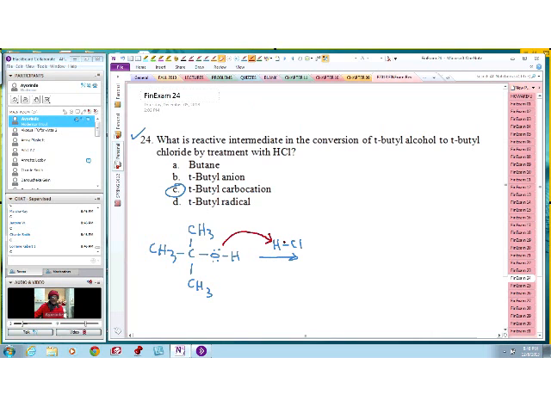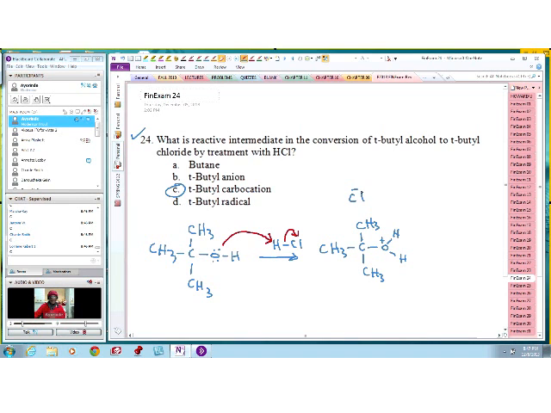Notice my arrow here, and we are going to break the hydrogen-chlorine bond. And in so doing, what do we have? You form the protonated alcohol, plus your chloride is here somewhere.